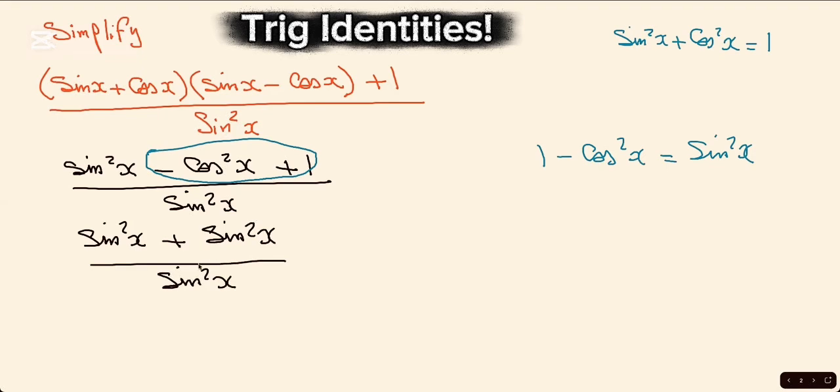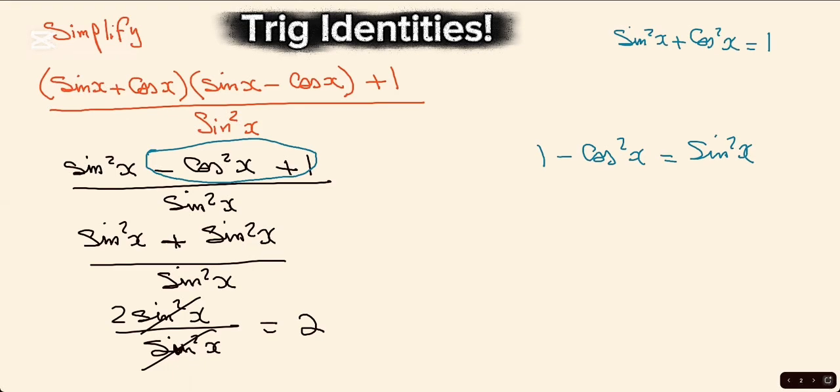And we know we cannot cancel 1 sine squared x with a sine squared x. We cannot do that because of the plus sign right here. But this will give me 2 sine squared x, adding these two over sine squared x. Okay. And now you could cancel the sine squared x with the sine squared x, and that will give you a final answer of 2. So all of this simplifies to just 2.